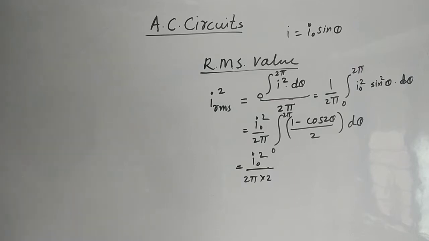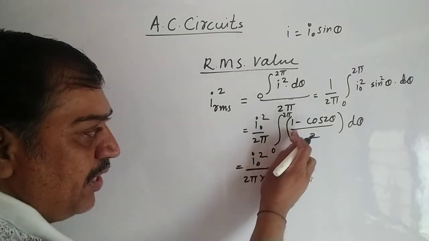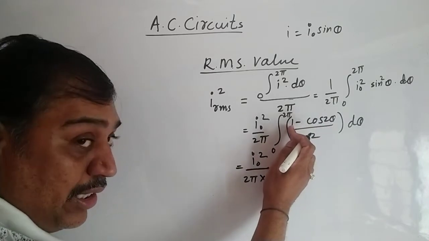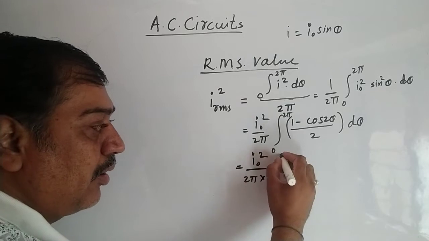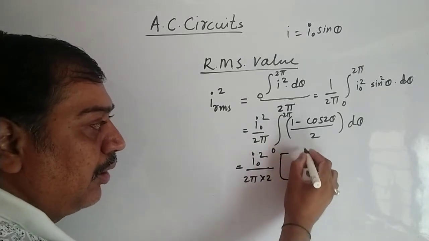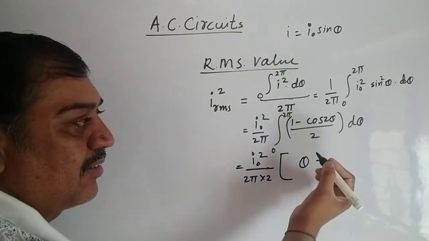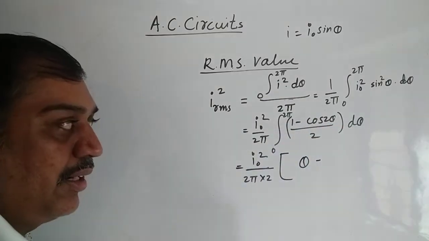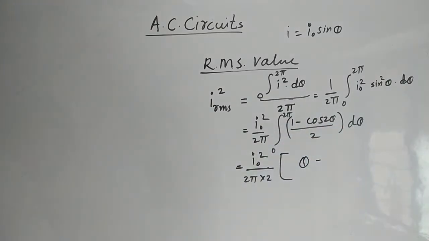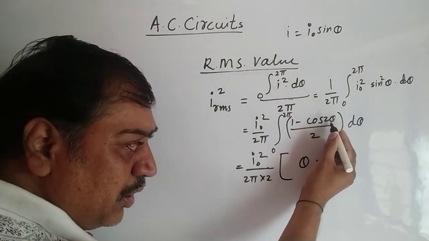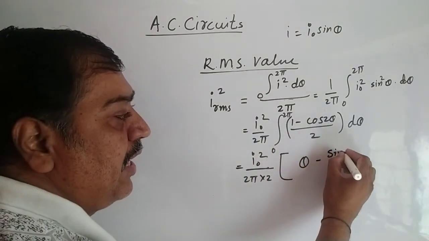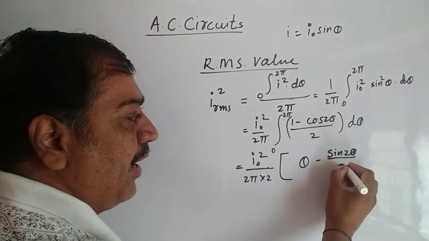Now, what is the integration of d theta into 1? It is theta. We will find its value later. Then we have theta minus the integration of cos 2 theta. The integration of cos theta is sin theta, so the integration of cos 2 theta is sin 2 theta divided by 2.